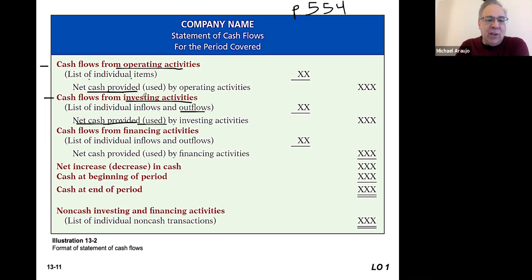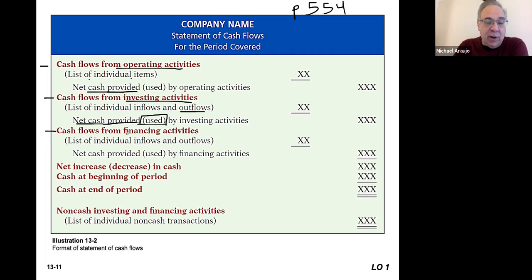I personally like to see, when I look at investing activities, that the company is using up cash here because they're investing in assets to help sell more of their products or services. They're expanding. So hopefully that's the story it tells.